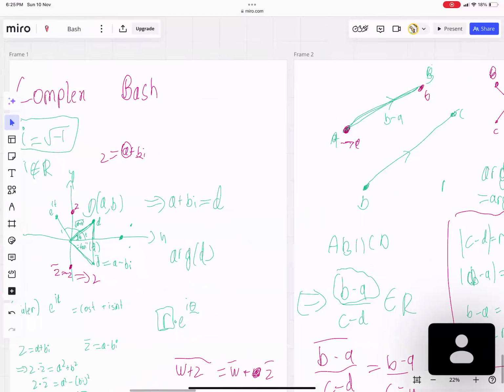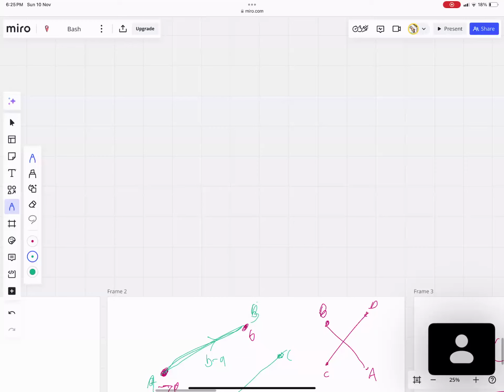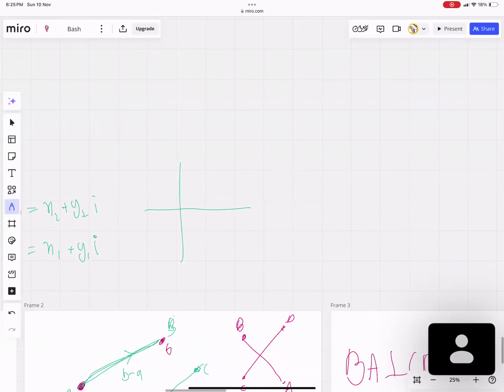Okay, wait, that's not the best way to explain. So let's say, and I'll just write it over here, B has complex coordinates x2 plus y2i, and A has coordinates x1 plus y1i. Now, if we go back to what these represent, we get x1, y1 for A, and x2, y2 for B.